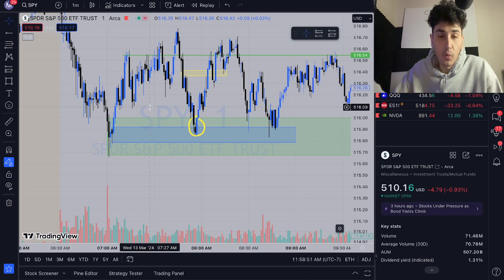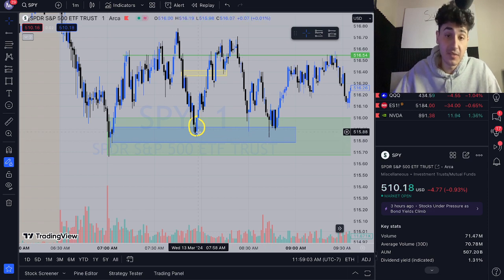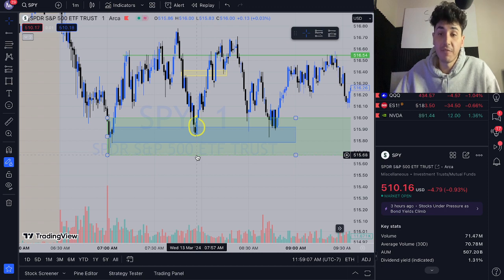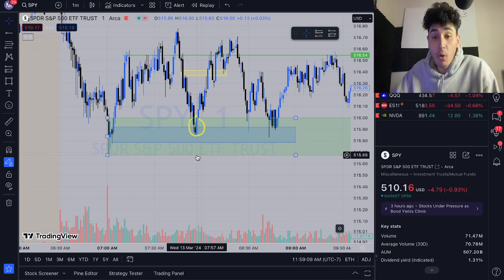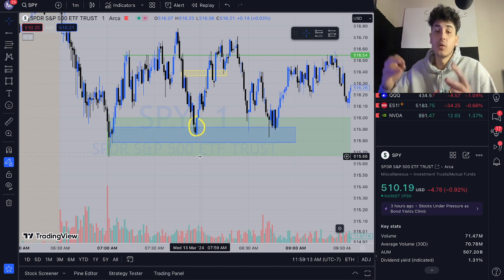Sometimes we'll get some BS. And you guys know exactly what I'm talking about. I want to see a full candle close outside of my zone for my stop loss. So let's say that I'm entering right here at 515.88. My stop loss would be below 515.68. So I'm only risking a little over 20 cents, right? Which is beautiful, which is perfect.